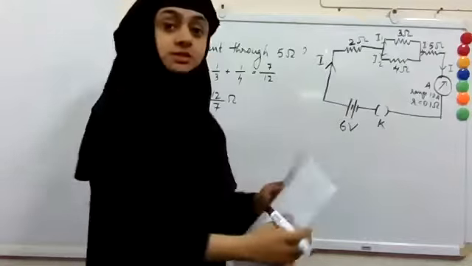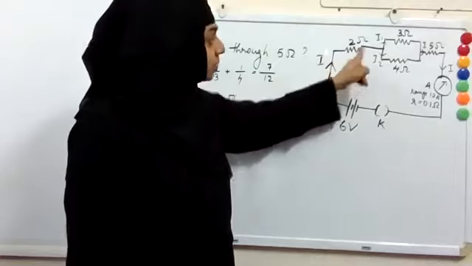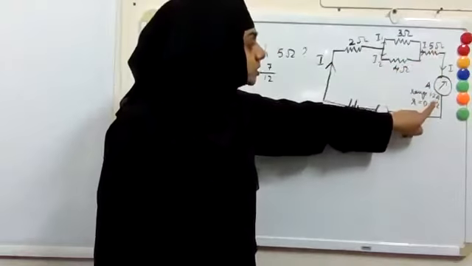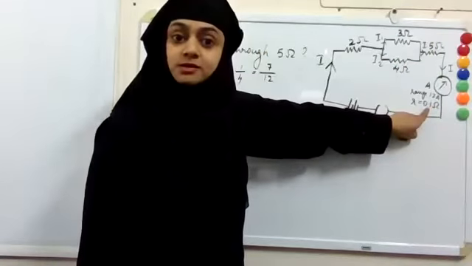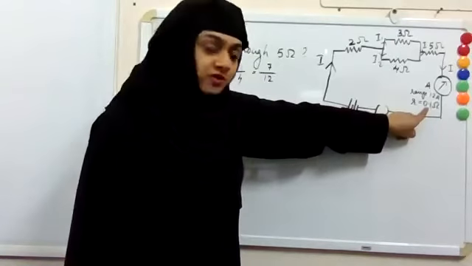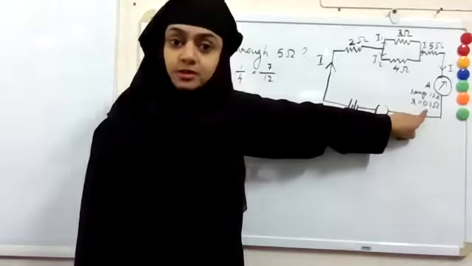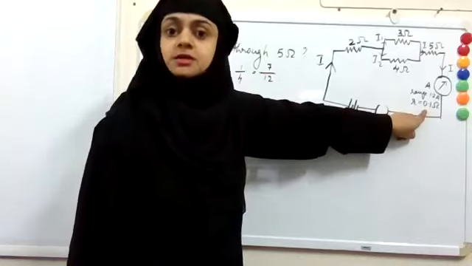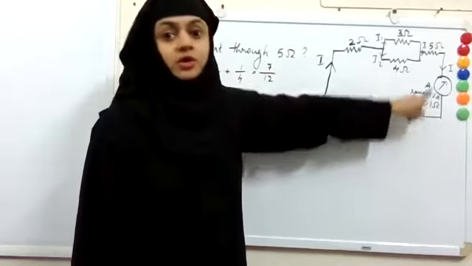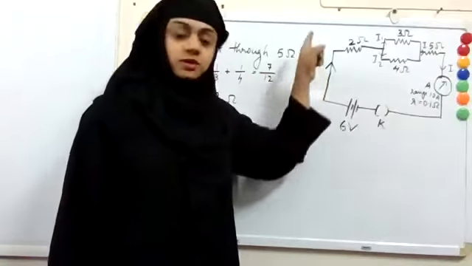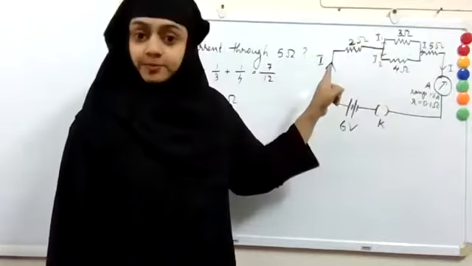Now this is in series with 2 ohm, 5 ohm, and also there is one internal resistance here. Most of you have neglected this one. You have to consider this internal resistance also, because it is part of the circuit. The current is flowing through all of them.